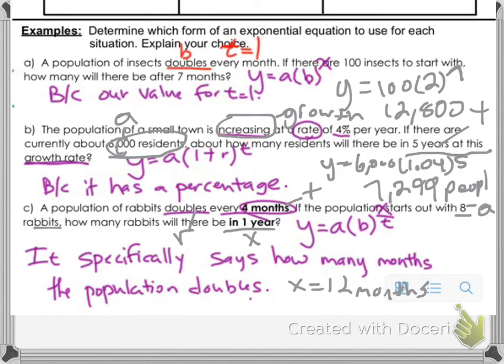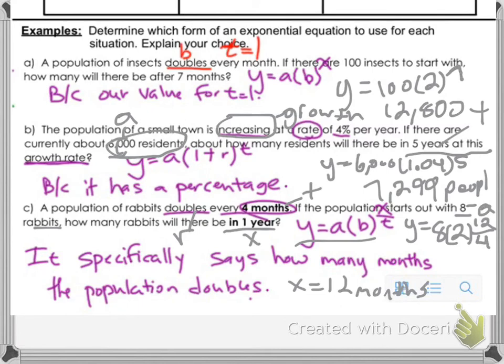And you have 2 units of time here, so you know you're using x over t. So we'd have y equals 8 rabbits. Alright, it doubles. So our b was 2. And then x over t, so we got 12 over 4, raised to the exponent.